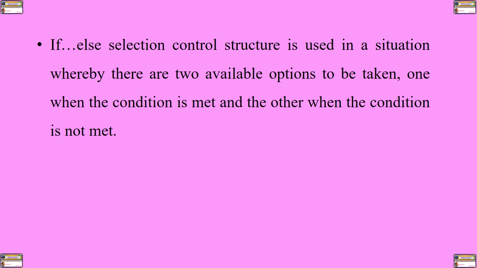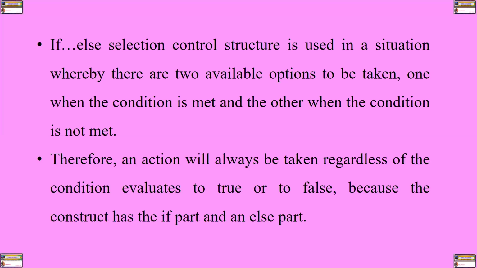But when we speak about the if-else selection control structure, we are simply referring to a control structure that has an action to be taken when the condition evaluates to true, as well as another action to be taken when the condition is false. Therefore, an action will always be taken regardless of the condition evaluating to true or false, because the construct has the if part and the else part.